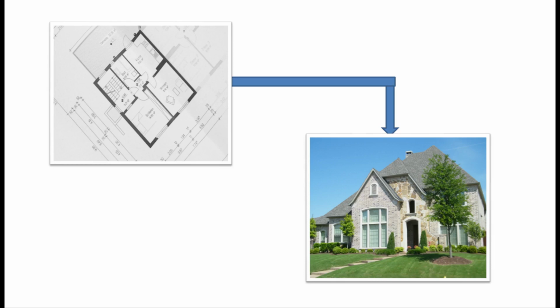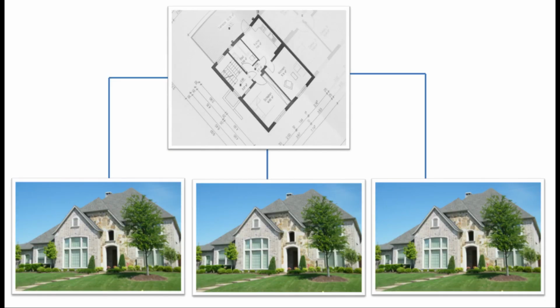I'll slowly take this example to Java programming classes and objects. The design that you have used for constructing a house is very similar to a class, and the house that is constructed based on this design is called an object. When you have a design, there is no restriction that you have to construct only one house.